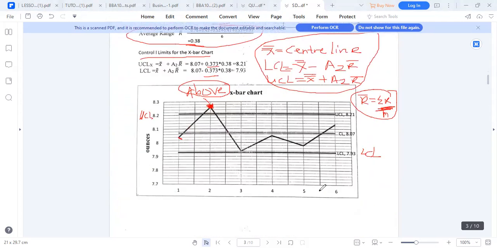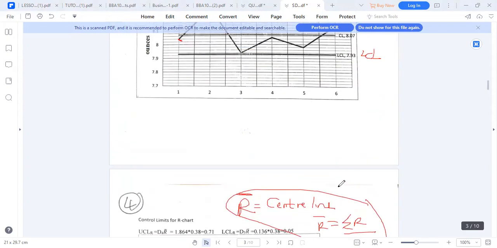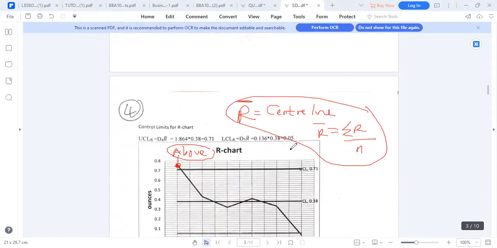So this process is out of control because we have this parameter here, 0.76, above the control chart. And then what else are we having? The other one is only the 0.05. We have that one.